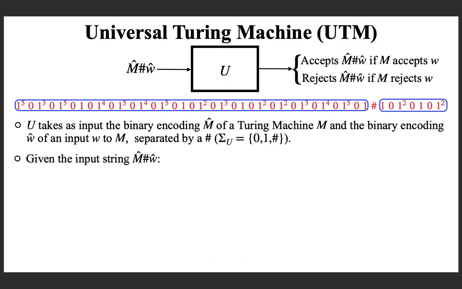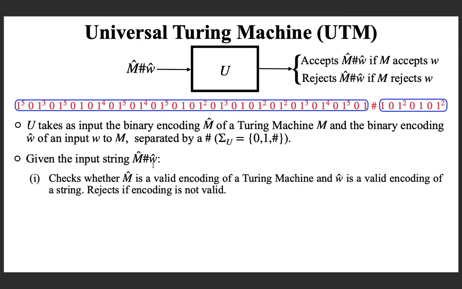Now given an input string, hat M hash hat W, that is the encoding of Turing machine M, hash, encoding of input W, what it is doing is, it checks whether the first encoding is a valid Turing machine encoding and the second encoding is a valid string encoding.